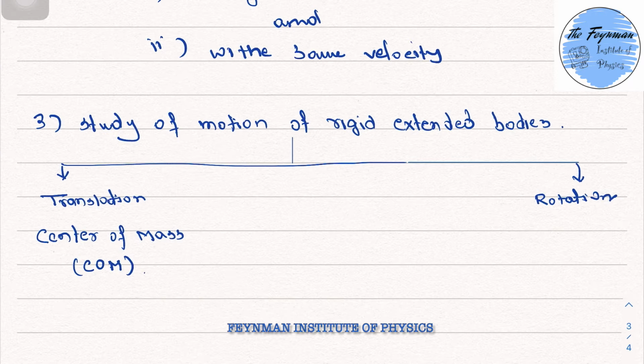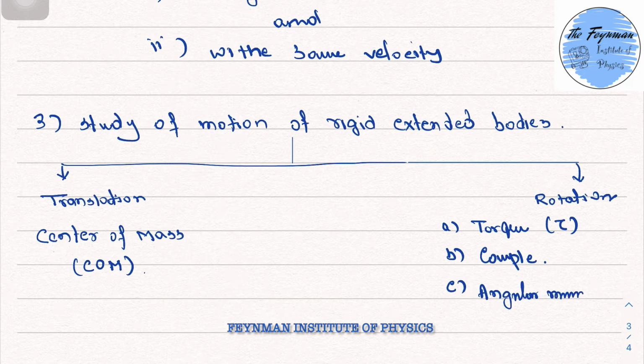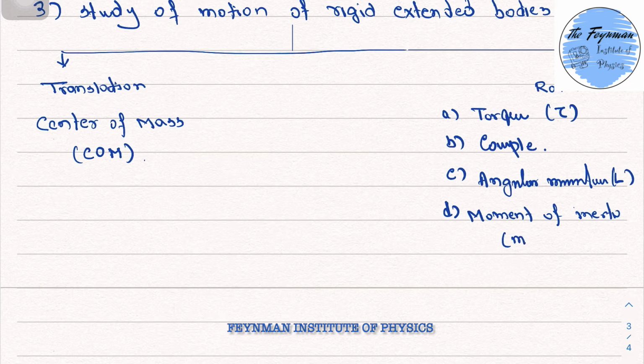After this we will study rotational motion, and see certain parameters related to it like torque, couple, angular momentum, moment of inertia, etc. And we will redefine Newton's laws for rotation using these parameters.